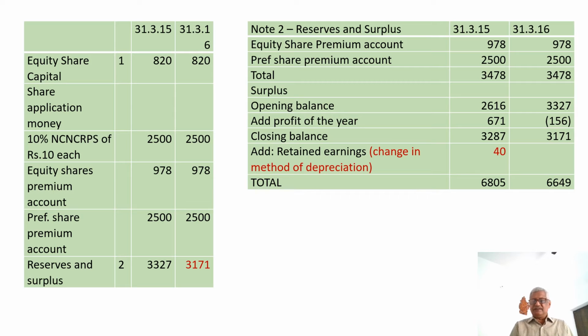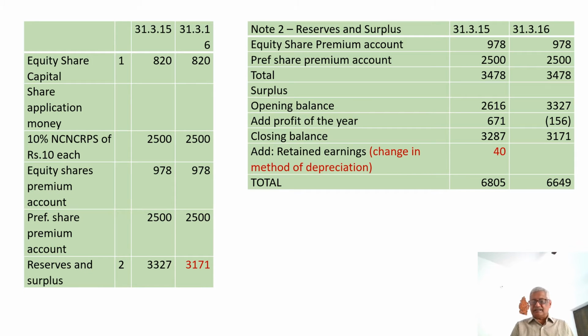Whenever we analyze a balance sheet, any figures which need further clarification from the company may please be noted. Here in this case, the reserves and surplus has reduced from 32.87 crore to 31.71 crore. That means the company incurred a loss.